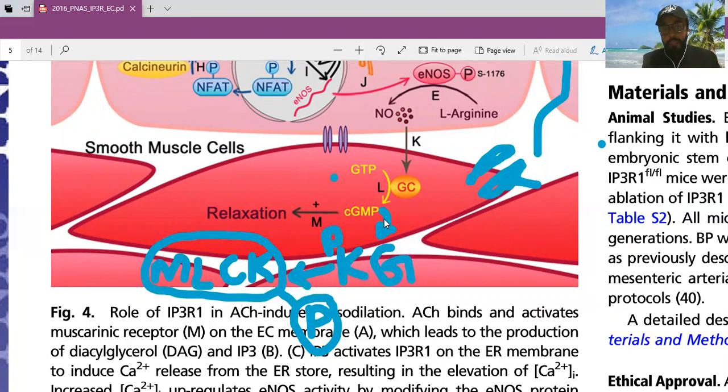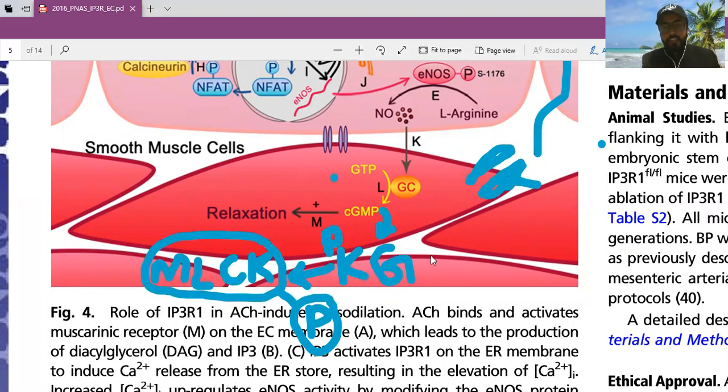But now, when this protein kinase G causes the phosphorylation of myosin light chain kinase, which is basically an enzyme, when it is phosphorylated, it gets deactivated. Please do remember this.